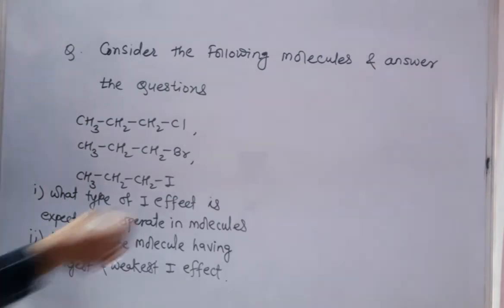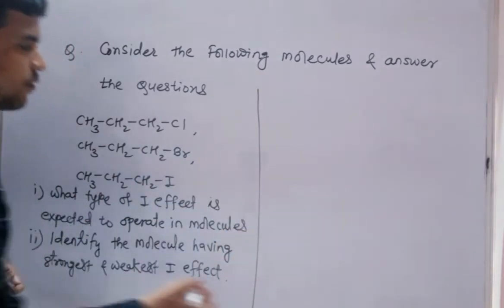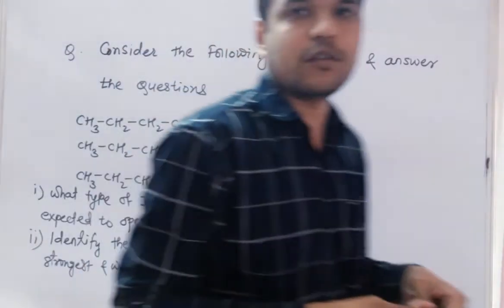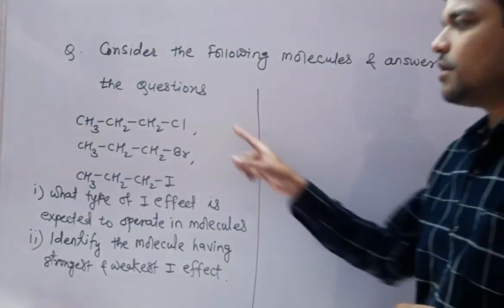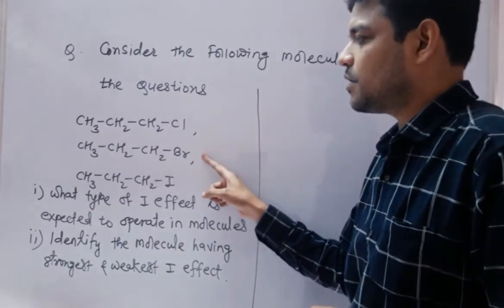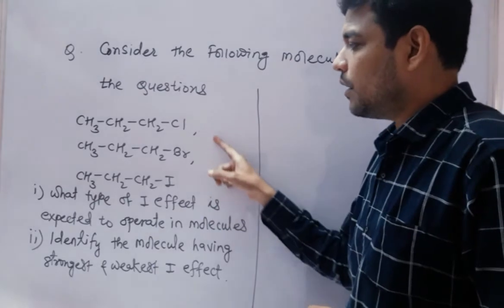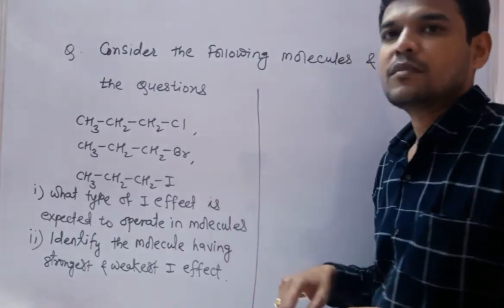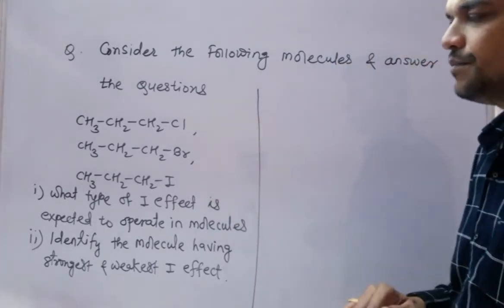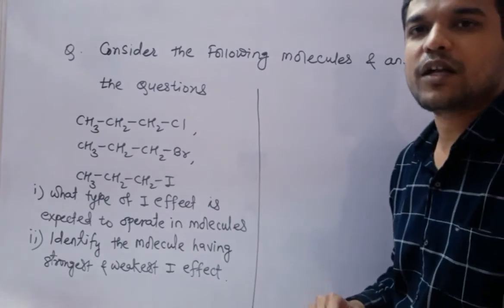Now see here the answer we have to give. There are three molecules: CH3CH2CH2Cl, CH3CH2CH2Br, CH3CH2CH2I. In all these molecules, chlorine, bromine, iodine show which type of inductive effect?